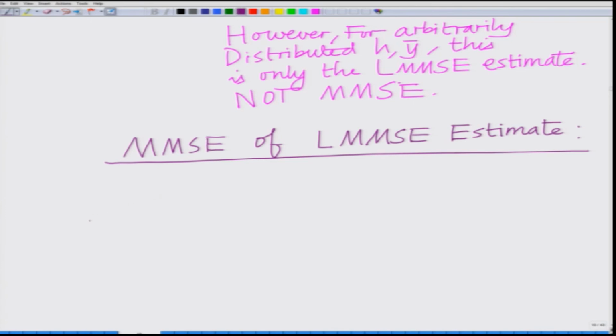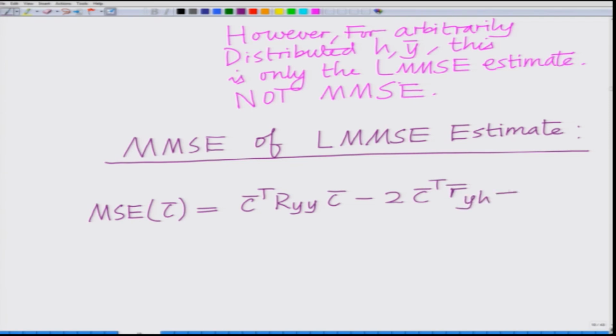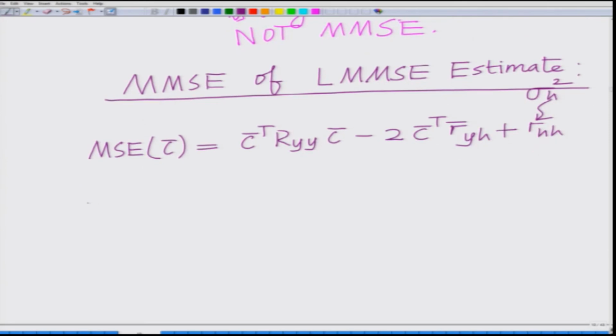Again, we have the MSE as a function of C bar. Recall, we already derived that MSE as a function of C bar. This is C bar transpose RYY C bar minus twice C bar transpose R bar YH plus RHH. RHH is nothing but sigma h square. So, now I will substitute the expression for C bar.